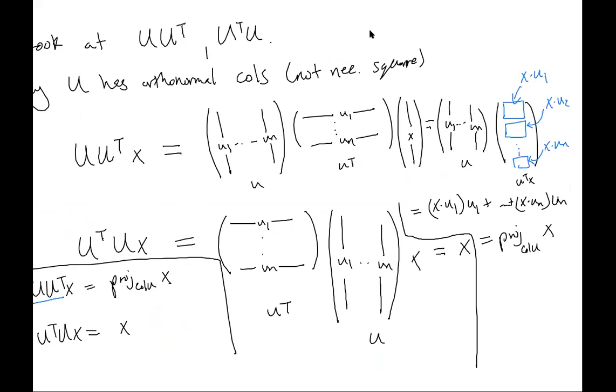So I guess we're looking at this thing over here. Right, so this is the projection because we don't need to divide by anything, remember, because u1 dot u1 equals 1 and un dot un equals 1. All of them equal 1 because they're orthonormal. And so I think this is the projection.